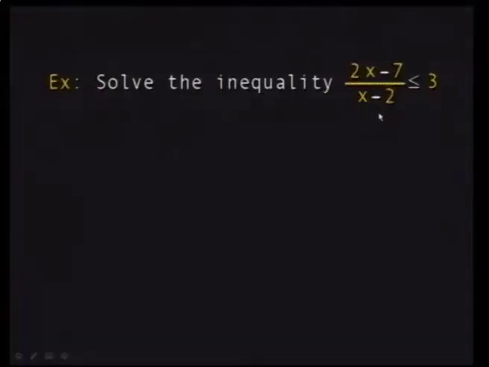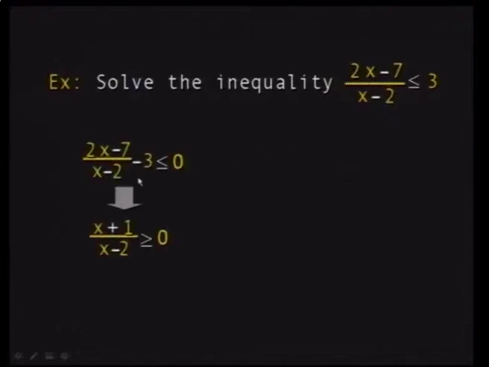Now, when you have inequalities of this sort, this is a little bit more difficult kind of inequality. What you do is try to put it in a form with one denominator.